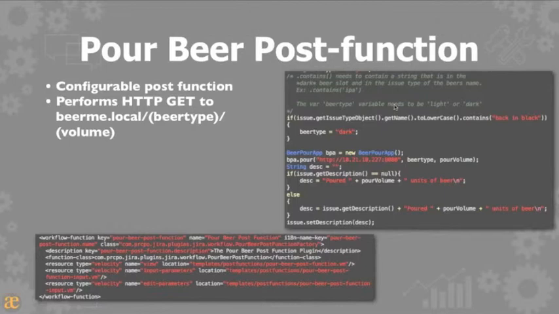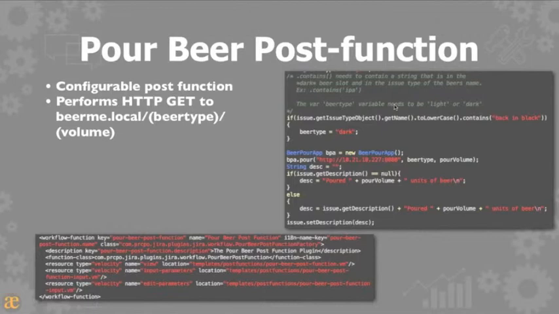We have a Java class which abstracts the HTTP client, which is actually making the REST call. A lot of times in JIRA and Java applications, you're generally going to make an HTTP client that does the communication with some other REST resource. We chose to stuff that off into a beer port app class just to keep that abstract and keep our post function code a little bit cleaner.